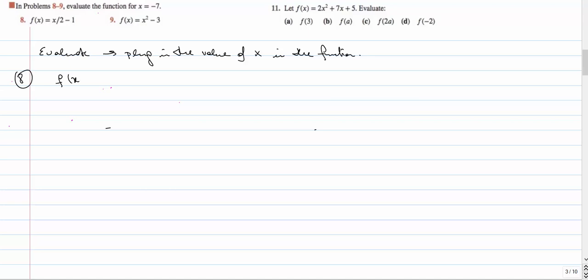If my function is x over 2 minus 1, and I plug in -7, wherever I see x, I will plug in -7. So x is -7 over 2, that's my substitution, minus 1.